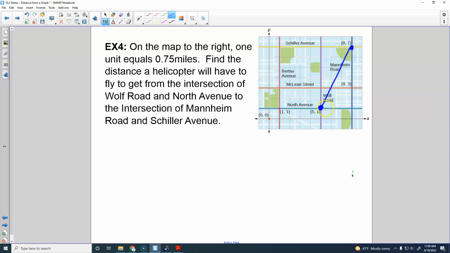And we can make ourselves a right triangle here. We can count 1, 2, 3 on the bottom. And then 1, 2, 3, 4, 5, 6 on the side. Presley, how would we set that up to find the length of this side over here?